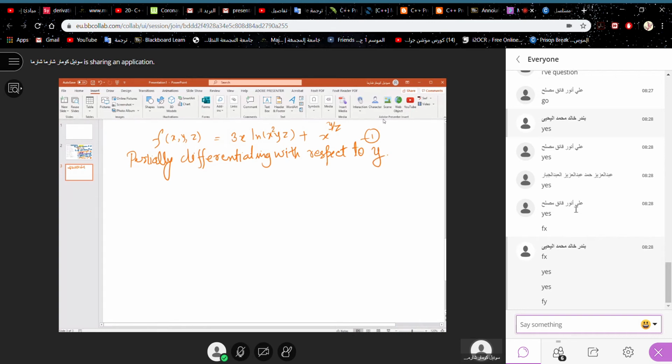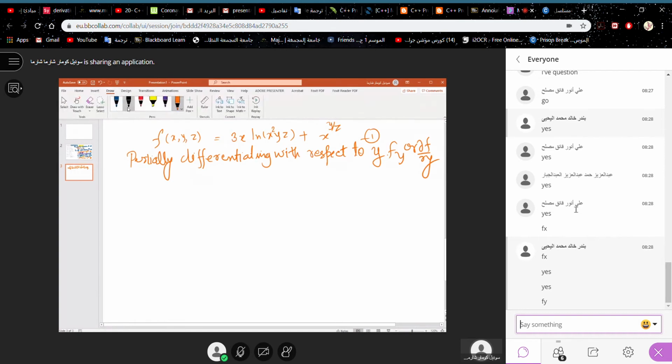We need fy, or we can say we need del f upon del y. So let's choose the blue color. So del f upon del y equal to 3x del upon del y ln(x square yz) plus del upon del y x to the power y upon z.